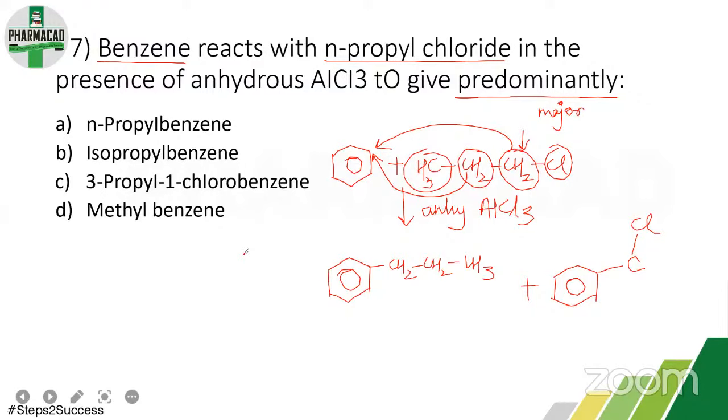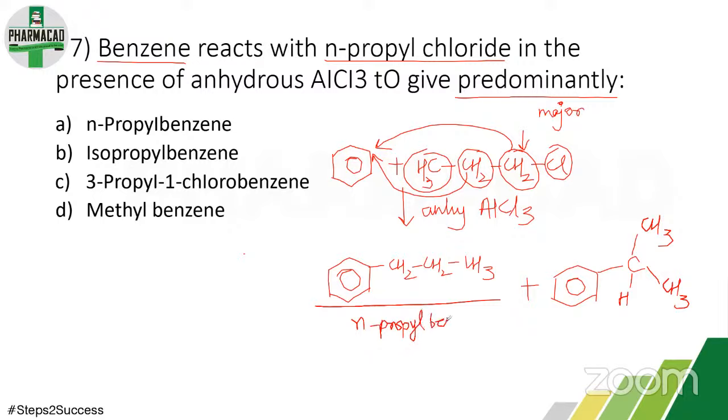So instead of chlorine, we will get CH3 with one hydrogen. What is the name of this compound? This is n-propyl benzene, and this one is isopropyl benzene, because on the second position, the iso position, there is one methyl group.